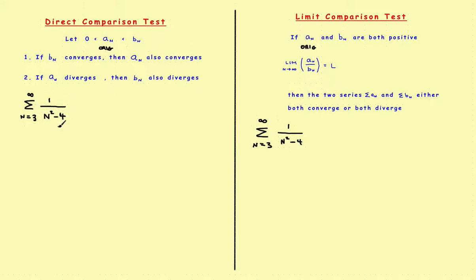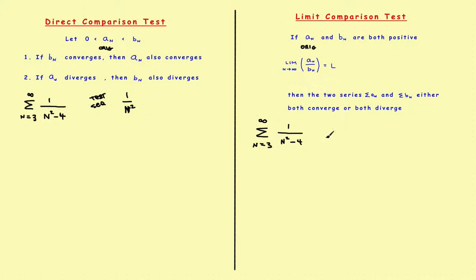And if you watched the previous videos, look at the dominant term. N squared is the dominant term. If you go way off to the right, this -4 basically disappears, and you will be left with, pardon me, 1 over n squared, and that's going to be your test sequence. So you're trying to find a test sequence that models the original sequence. So here's the test sequence.